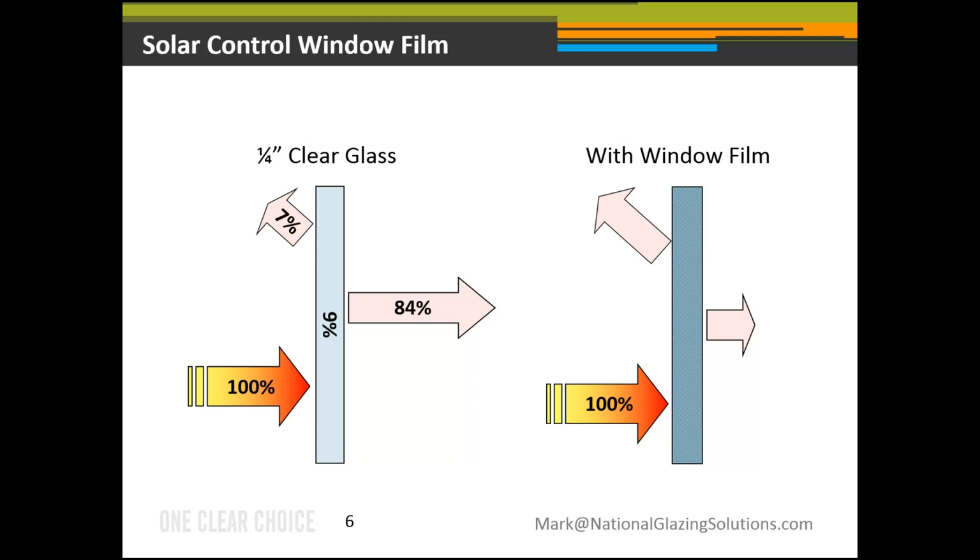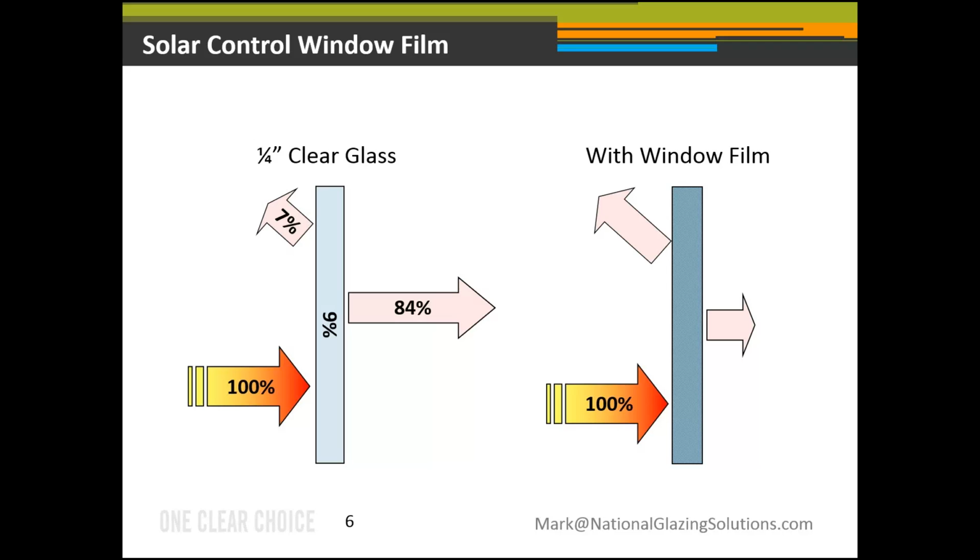Previously, I mentioned separating ultraviolet, visible, and infrared regions of the spectrum, but for this slide, we're going to put them all back together for a simplification showing total solar energy, including all three components. On the left, you see 100% of the total solar energy hitting this simplified quarter-inch clear glass. 9% absorbed, 7% reflected, 84% of the total solar energy is transmitted.